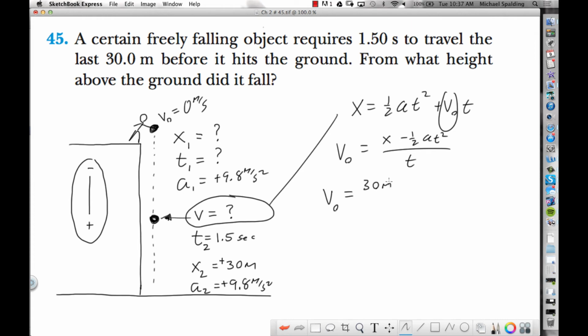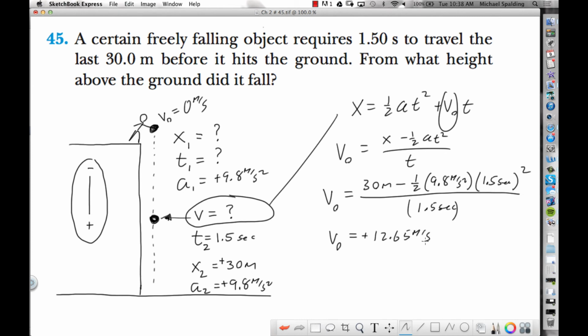We're saying down is plus, so we leave that as plus, minus 1/2, the acceleration is plus, and the time is 1.5 seconds. Then divide this by 1.5, and we get the initial velocity for region 2 as 12.65 meters per second, positive indicating downward again.